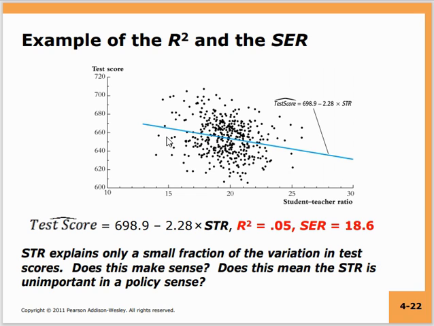So this particular regression, the student teacher ratio, is not really able to explain the variance in the test score very much. Okay, so it is an explanatory variable, but it is not such a good explanatory variable, and the standard error of the regression in this particular case is 18.6. So STR explains only a small fraction of the variation in test scores.